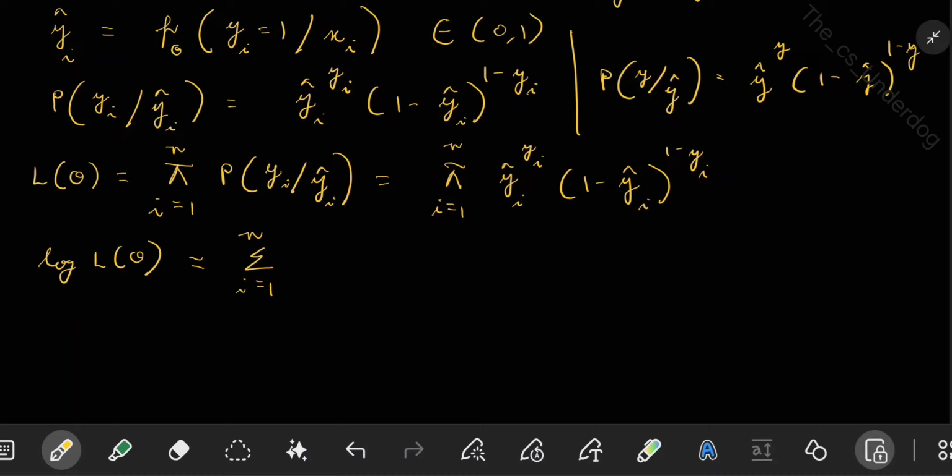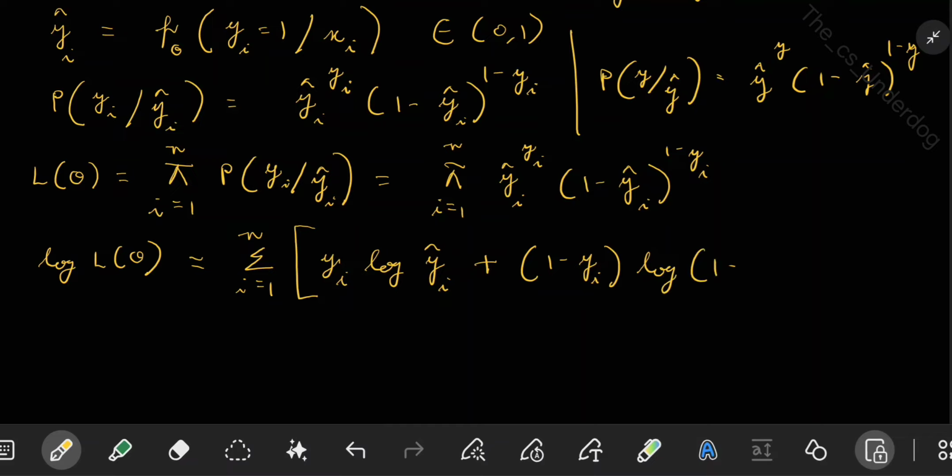Then what will happen to yi cap raised to yi? When I take log, the exponent yi comes to the left side, so it becomes yi log yi cap, plus 1 minus yi log 1 minus yi cap.